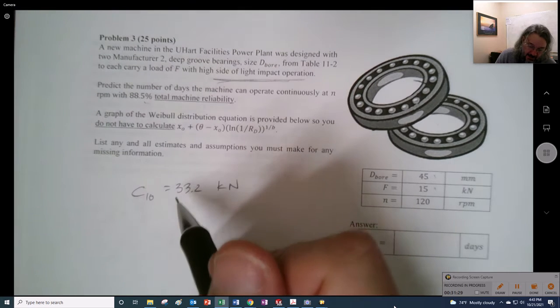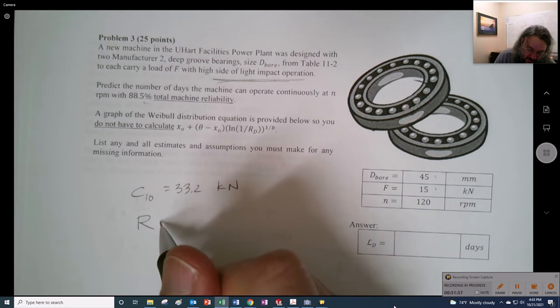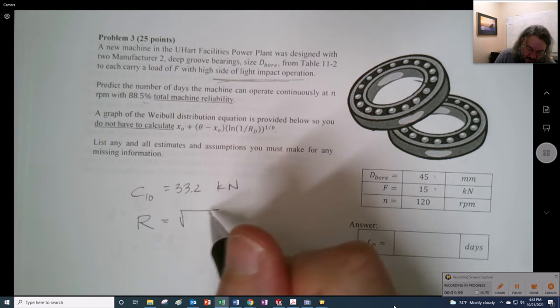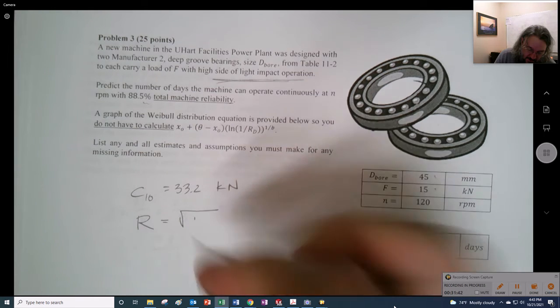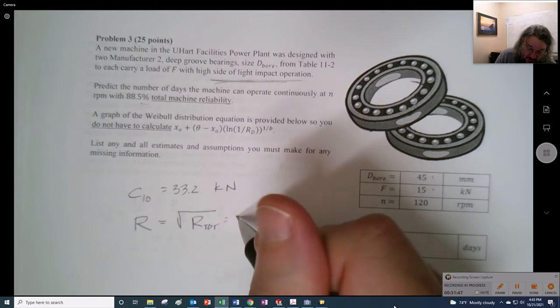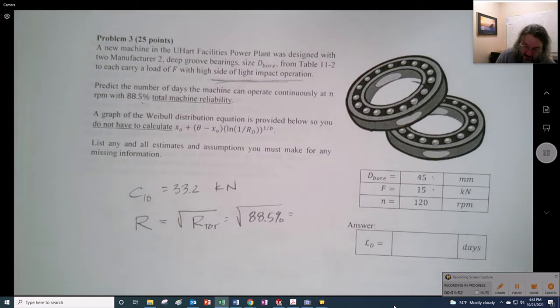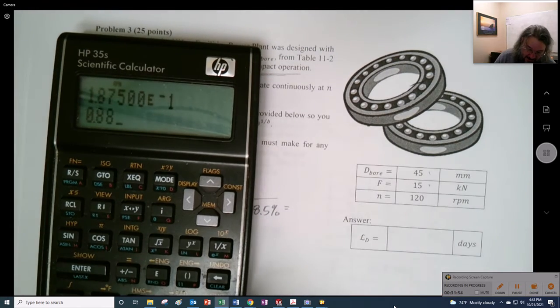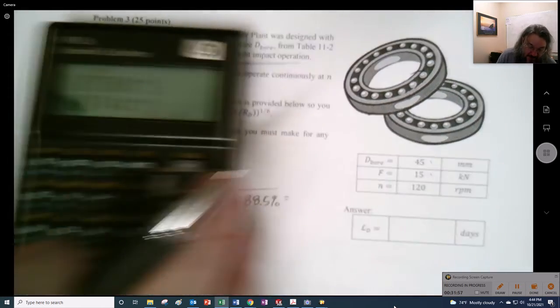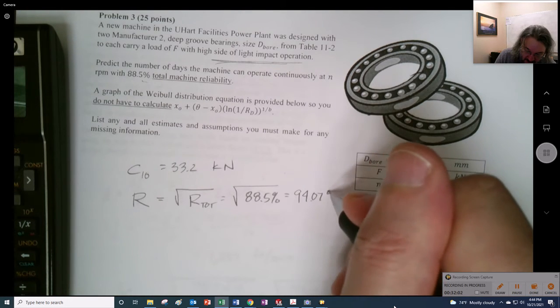All right, we want the reliability. Individually it is going to be the square root of the total. So the square root of 88.5%, 0.885 square rooted, is 94.07%.